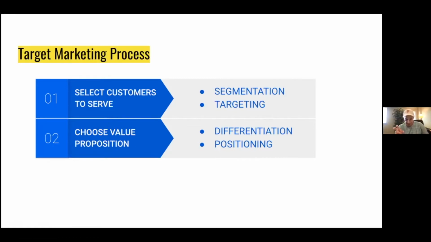Then what you do is you think about that target market you picked, and you look at your product, you look at your offering, and you ask yourself, how do we differentiate from all other options? So for example, if you're selling ice cream and you have special flavors that nobody offers, your differentiation would be we're boutique ice cream, no one offers these flavors.